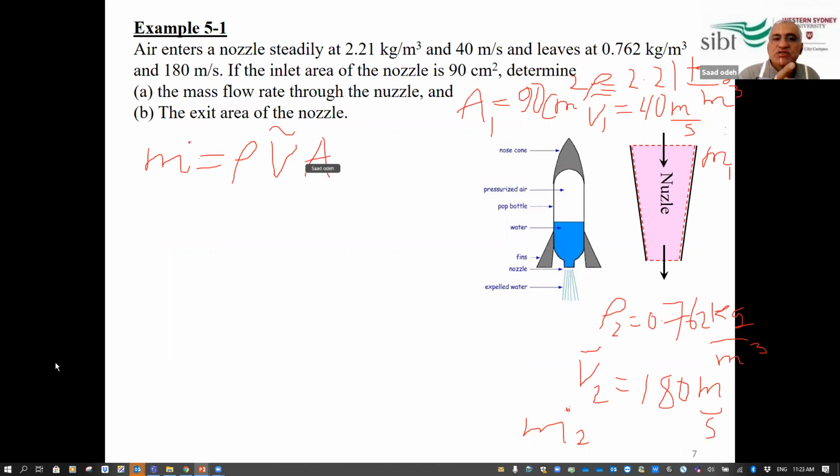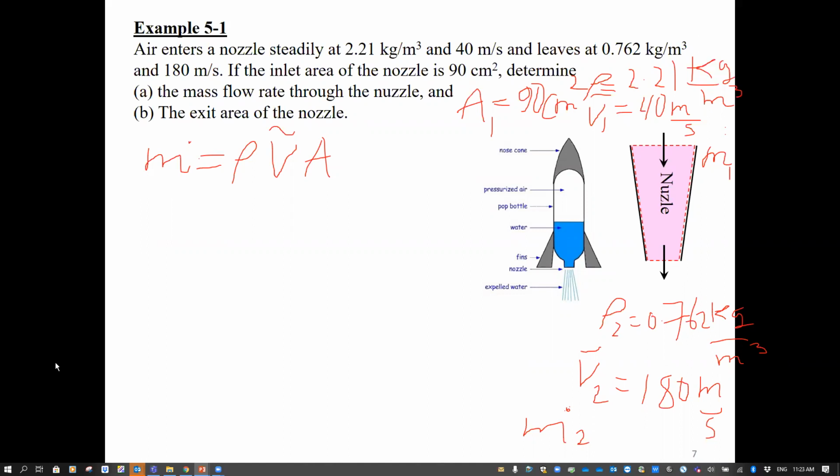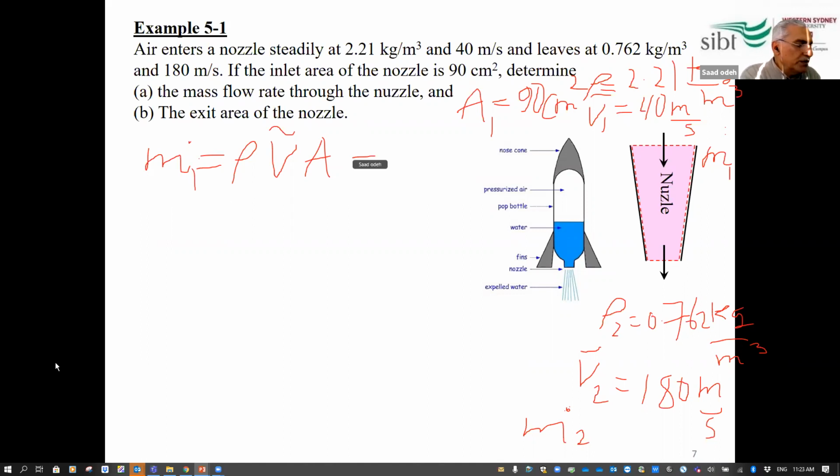So you check which side you have all this information. The inlet, correct, because at the inlet we have the area, density, and velocity. So I can substitute these three values and find m dot. And this m dot 1 must equal m dot 2. So if I find it for 1, it's also for 2.